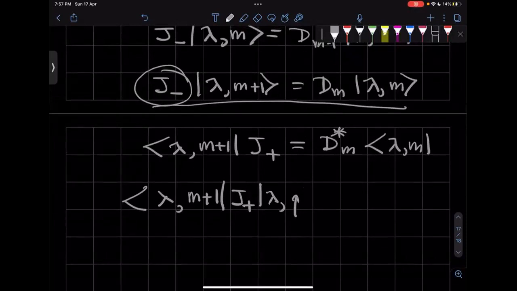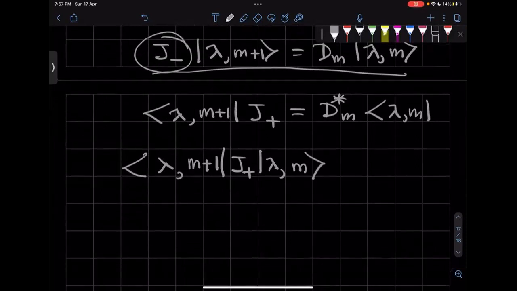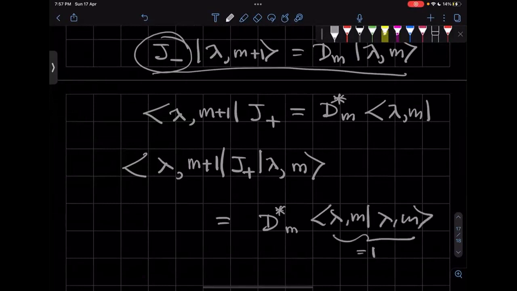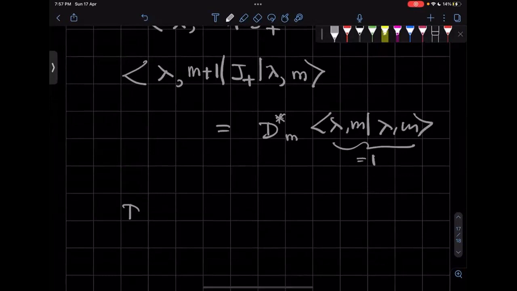So we get m here. On the right-hand side, I will get D star of m times the bracket lambda m lambda m, but this is 1. So we get D star of m as lambda m plus 1, J plus, lambda of m.